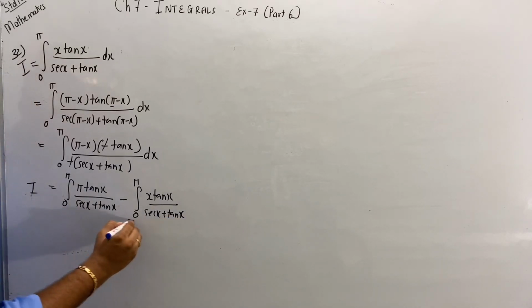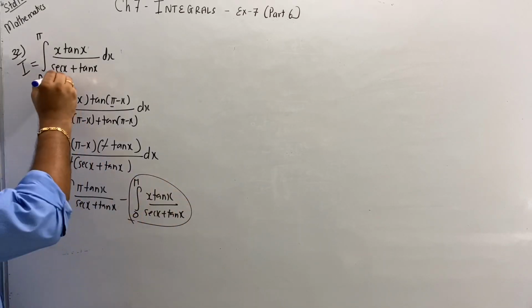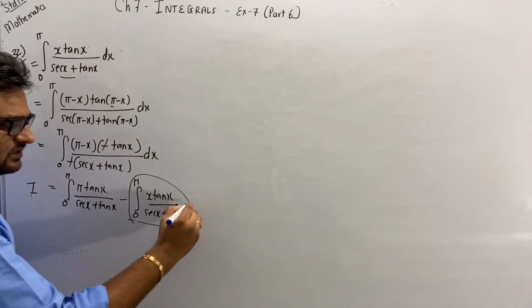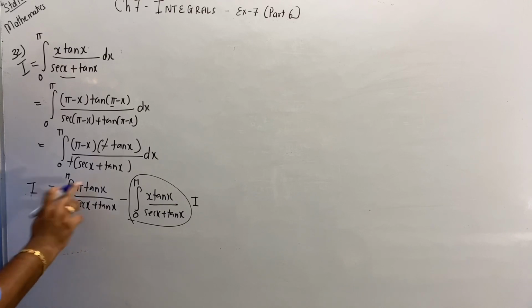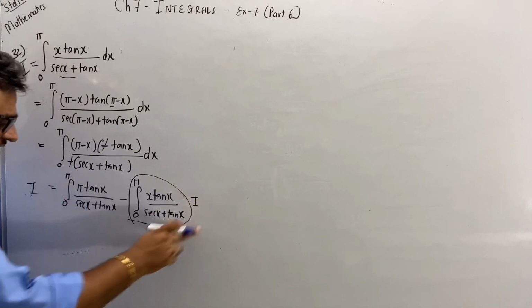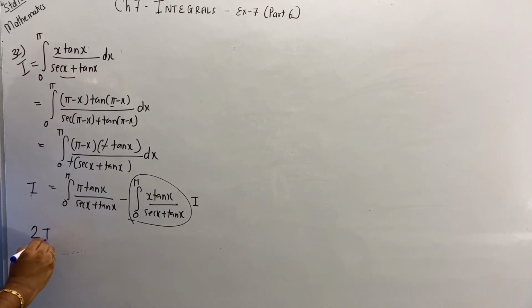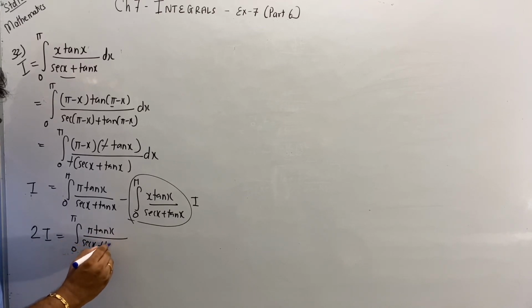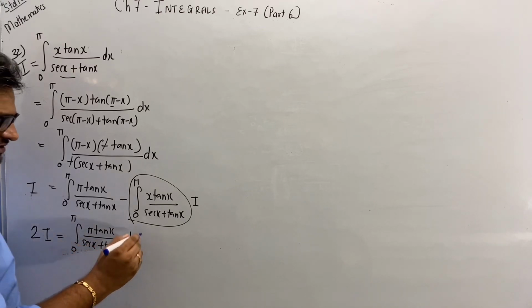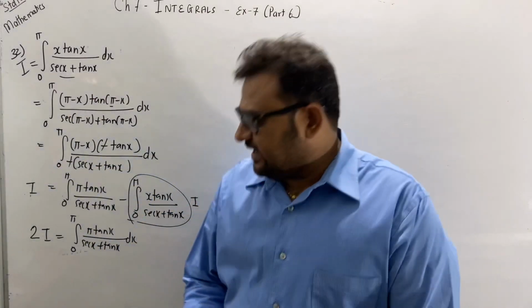So this is our question, so this is I. Okay. So I equals pi integral 0 to pi tan x upon sec x plus tan x minus I. So it will be 2I equal to integral 0 to pi tan x upon sec x plus tan x dx.